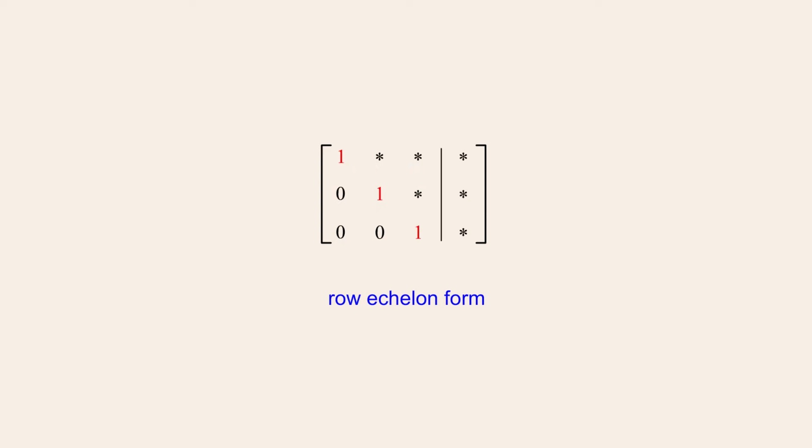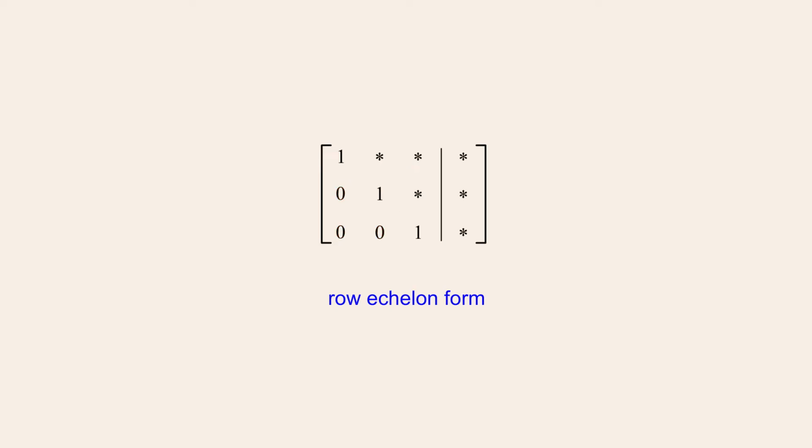Since a leading entry is the leftmost non-zero entry in its row, all entries which lie to the left of the leading entry must be 0. And since in row echelon form, each leading entry lies to the right of the leading entry above it, the zeros below the leading entries typically form a stair-step pattern at the bottom of the matrix.